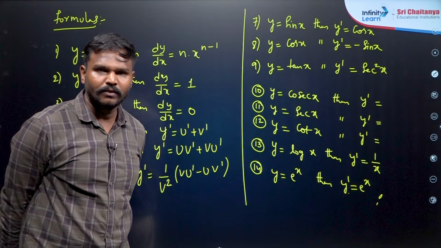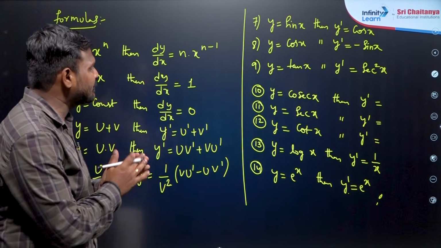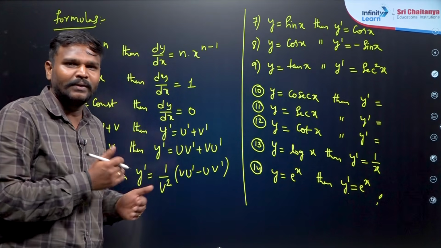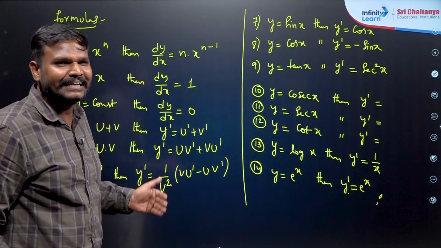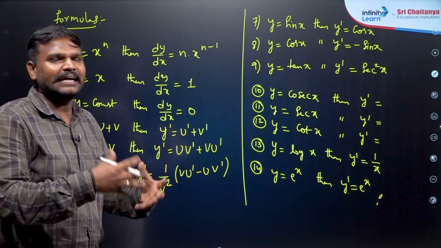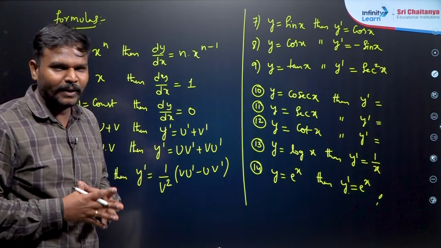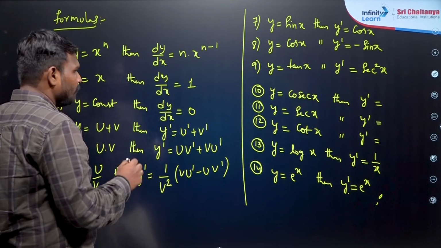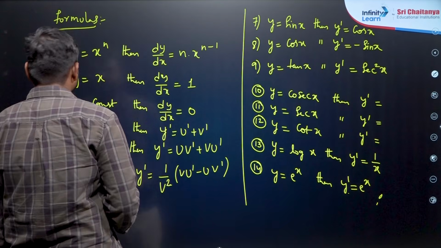Is that clear? So please copy all these results and try to learn them properly so that we will use it in physics, in kinematics and other chapters. Okay. Next, I hope up to here everything is fine.